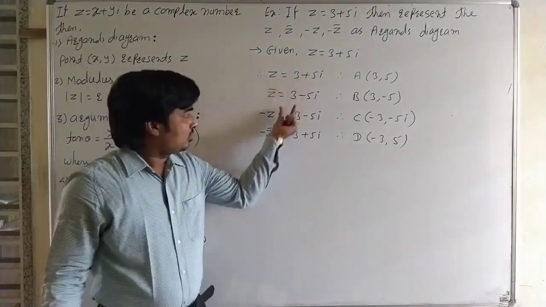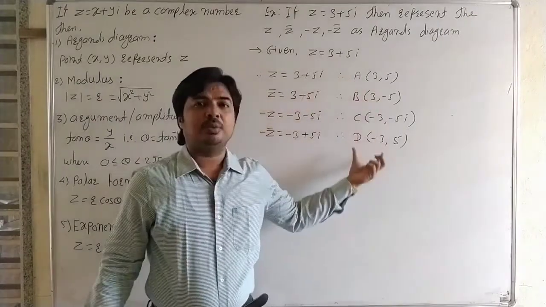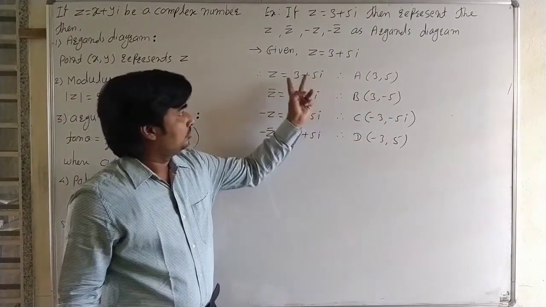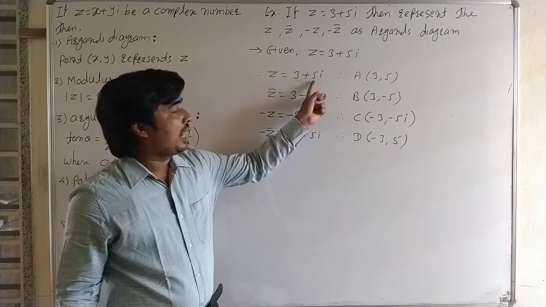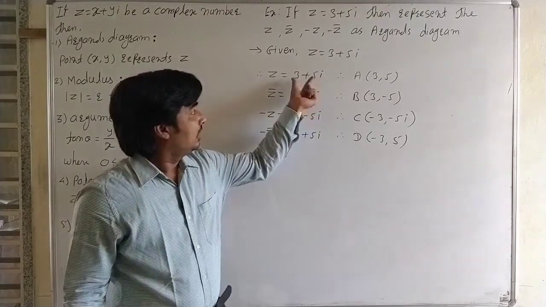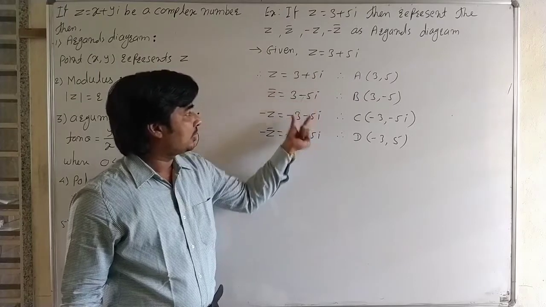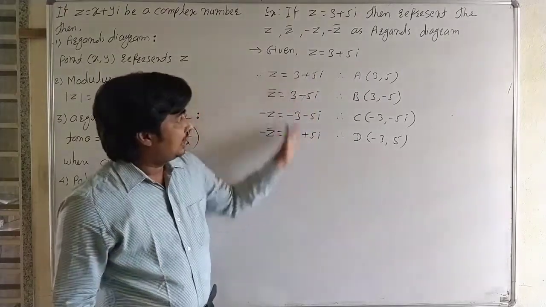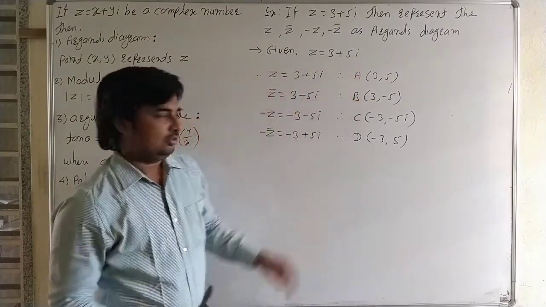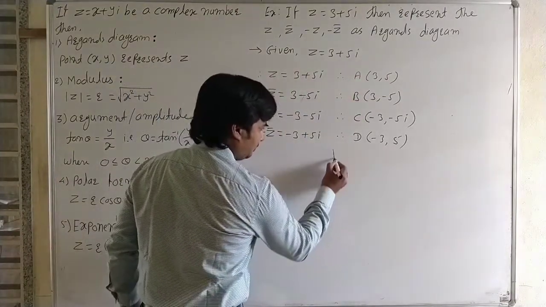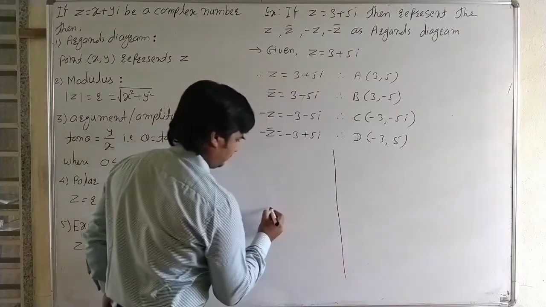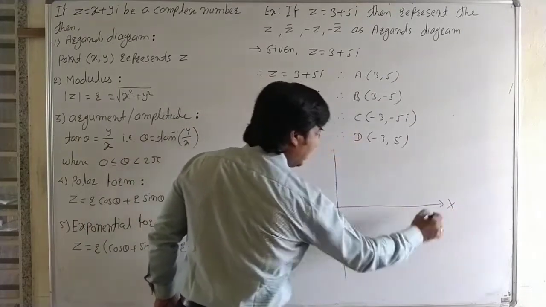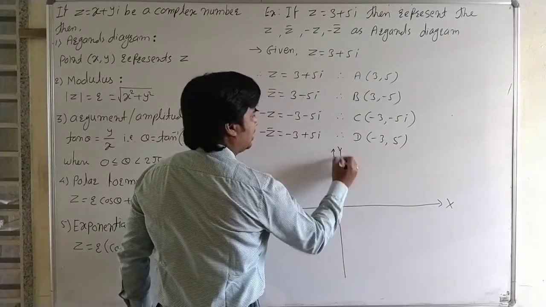Here is the representation of a complex number as a point in a plane. The complex number z is equal to x plus yi, therefore x comma y is a point. Here we have 3 comma 5, 3 comma minus 5, minus 3 comma minus 5, and minus 3 comma 5. These are the Cartesian coordinates. Now here x is the real axis and y is the imaginary axis.